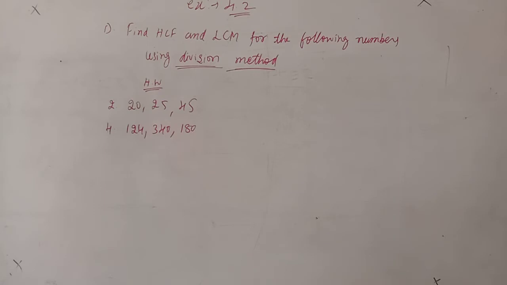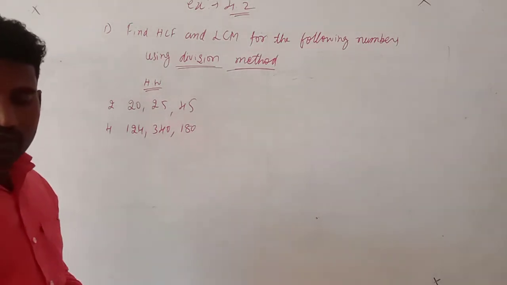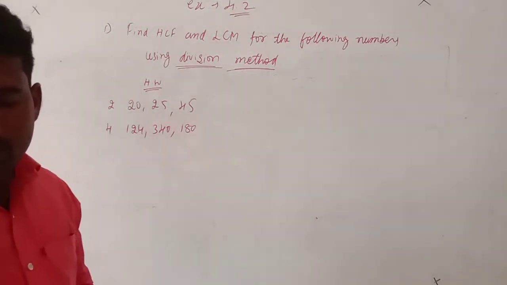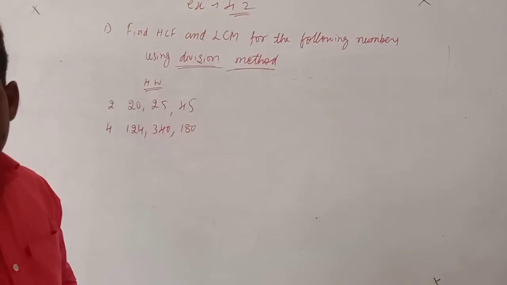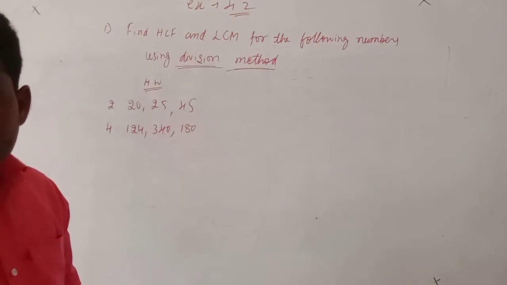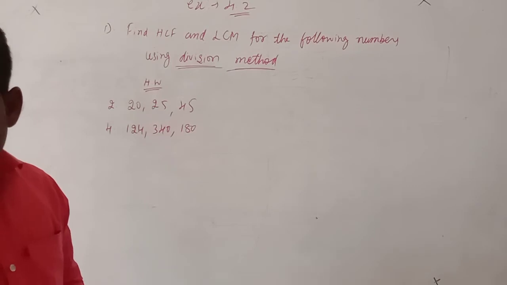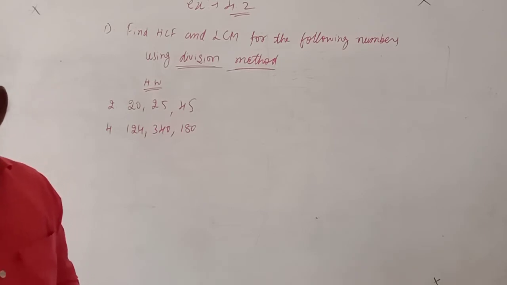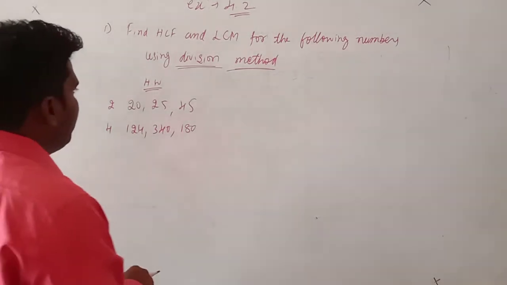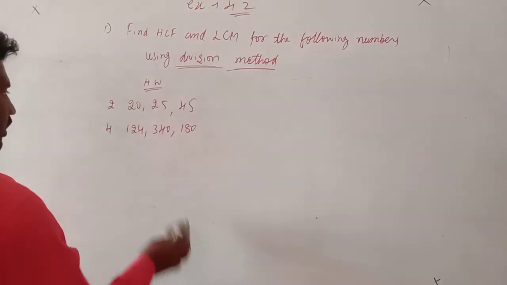So next, E, F, G. These three are word problems. If two numbers are 27 and 84, find the HCF and LCM, when the LCM is 756. To solve this problem, we have to know the formula.